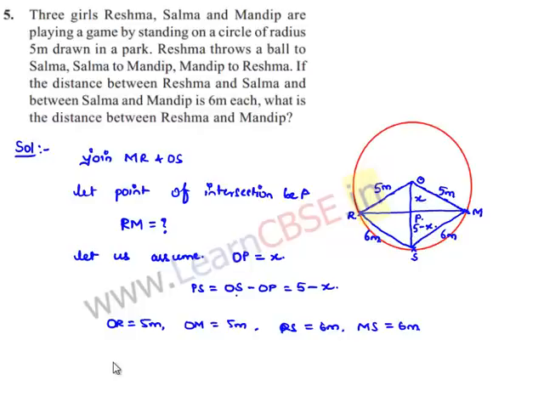Now let us consider the triangles, triangle OPR and triangle OPM. OR is equal to OM, which is given as 5 meters each according to the problem, and OP is equal to OP, which is the common side for both the triangles.